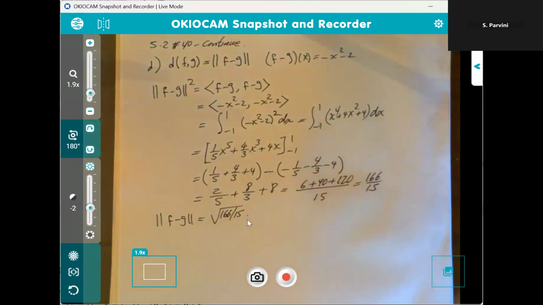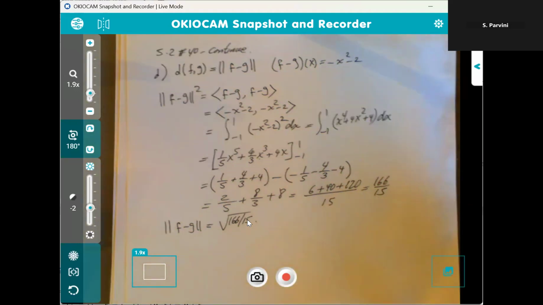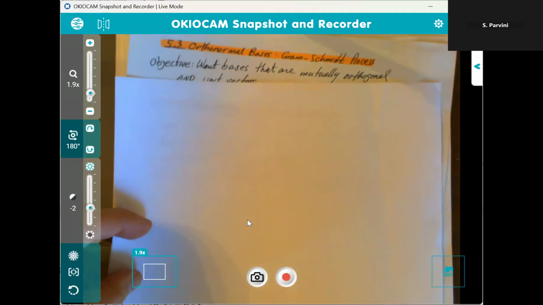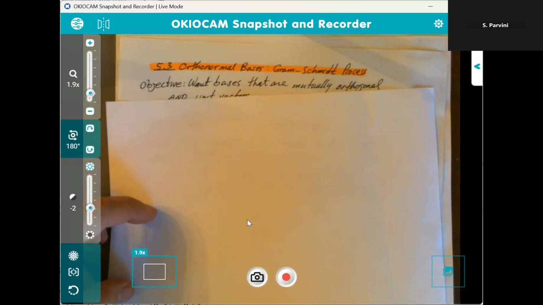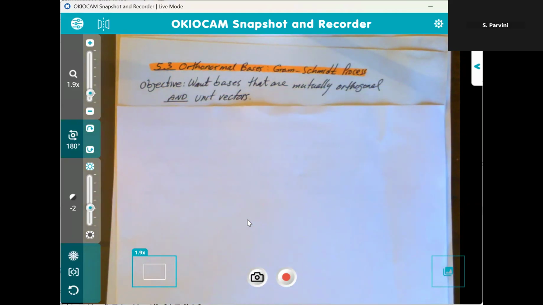In section 5.3 now, this would be again the last section formally for us. Section 5.3, let's talk about the Gram-Schmidt process. What do we want to do in this section?